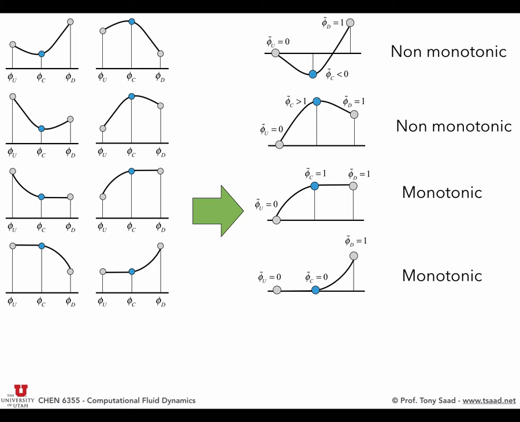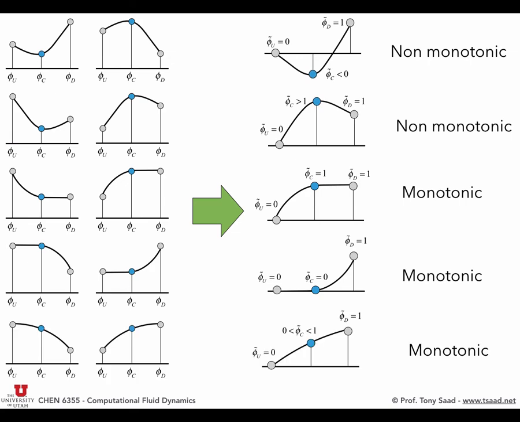That gives you phi tilde c equal to 0, and it is still monotonic. What we conclude is that when phi tilde is between 0 and 1, it's monotonic. When it's less than 0 or greater than 1, it's non-monotonic. That's what I'm trying to prove here: phi tilde is a good measure of monotonicity. We've shown that for all the monotonic cases, phi tilde is between 0 and 1. Is this clear?